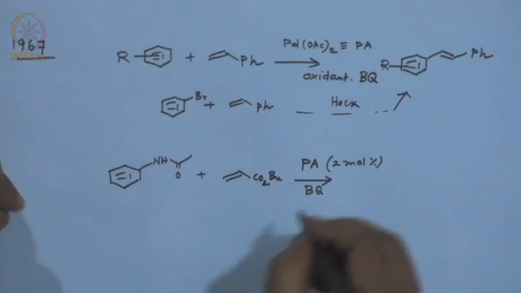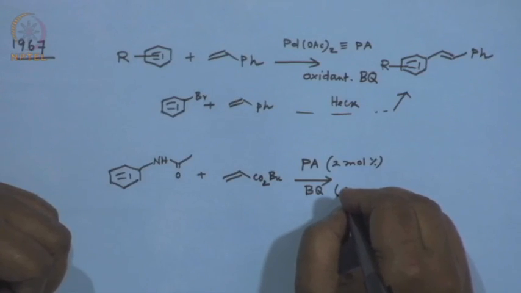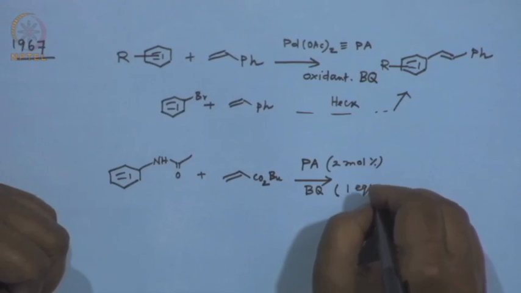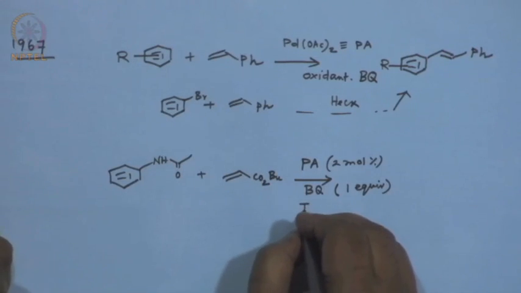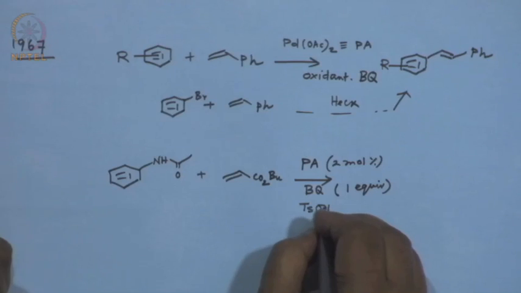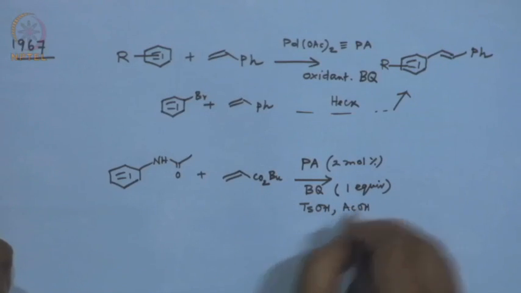Two hydrogens are getting eliminated, that means what should be the equivalent? It should be at least 1 equivalent, because you have to remove 1 equivalent of this hydrogen, and the other byproduct is acetic acid.